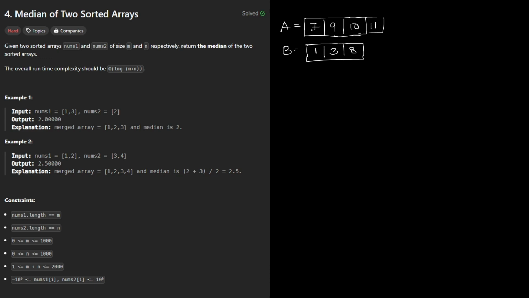Now we can do merging of the arrays. Let's say we calculate which is the smaller. So 1 is the smaller, so our resultant array would be something like 1, then 3 is smaller, then will come 7 from array A, then it will be 8, 9, 10 and 11.